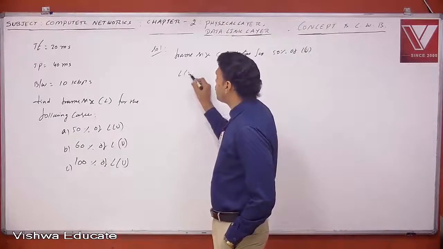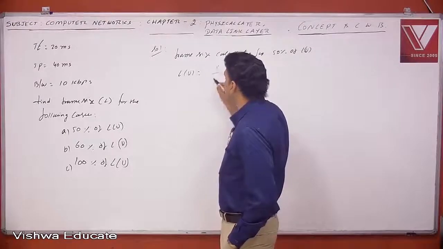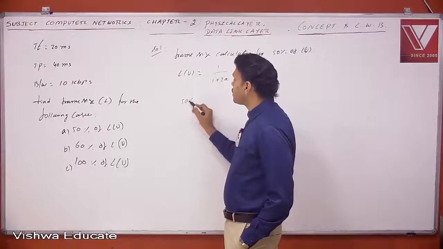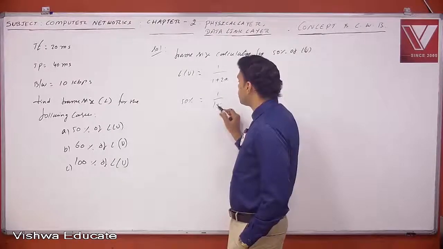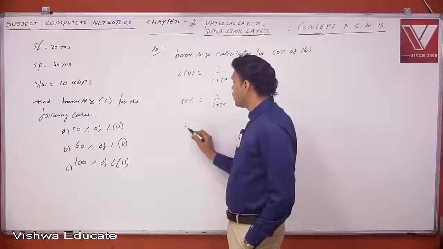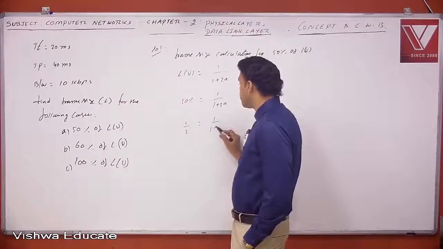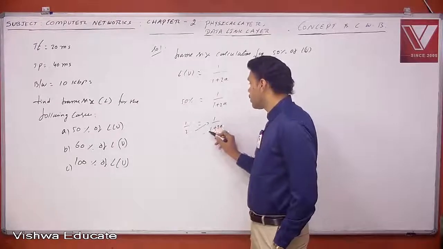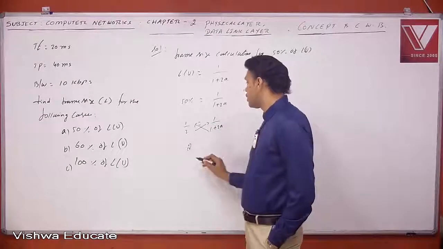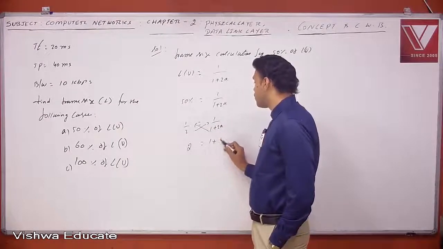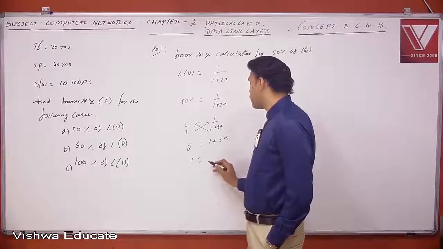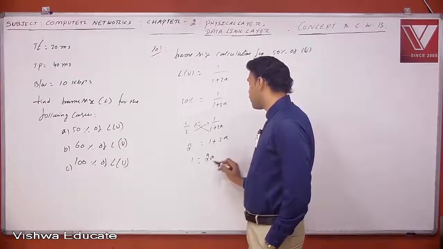So the L of u equation is, as we know, 1 by 1 plus 2a, and L of u is mentioned as 50%, so 1 by 2 equals 1 by 1 plus 2a. This becomes 2 equal to 1 plus 2a, so 1 equal to 2a.